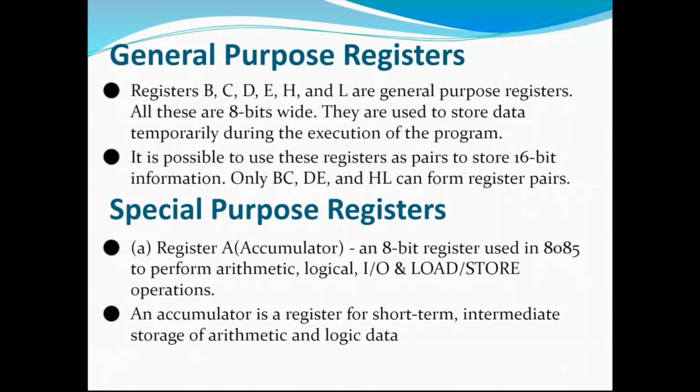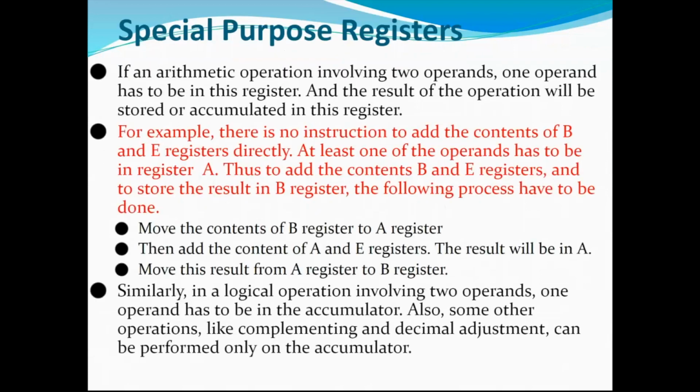After the execution of an arithmetic or logic operation, the result is stored in the accumulator. If an arithmetic or logical operation involves two operands, one of the operands should be in the accumulator.